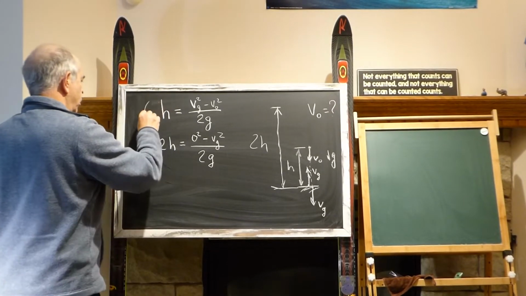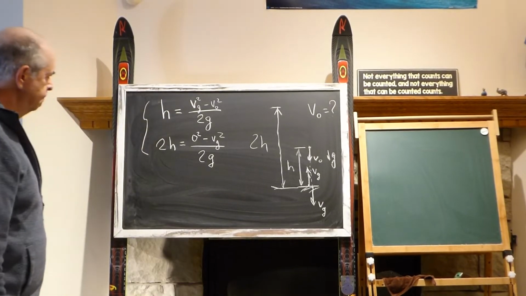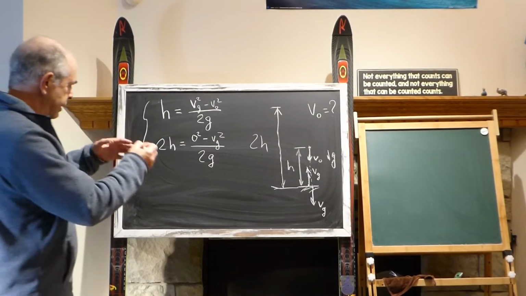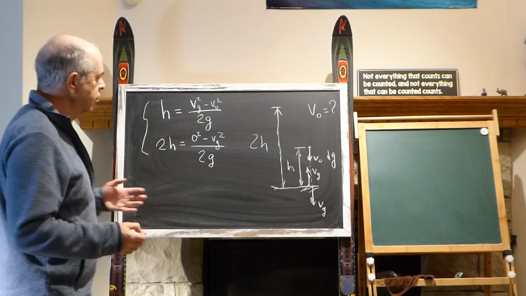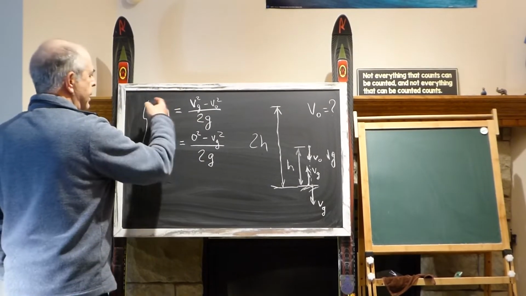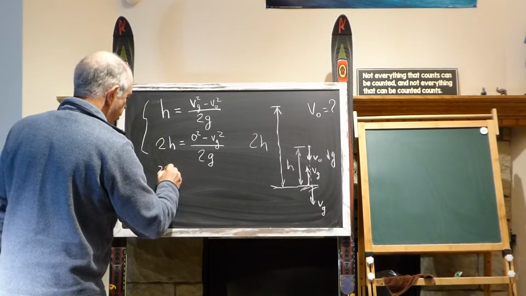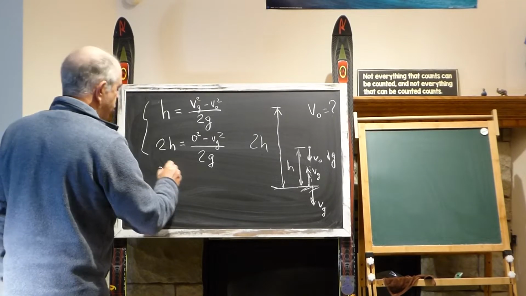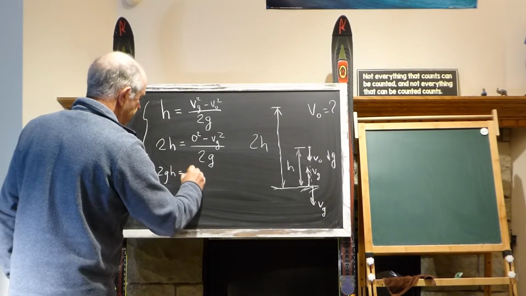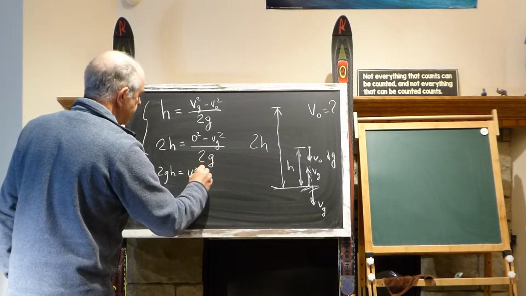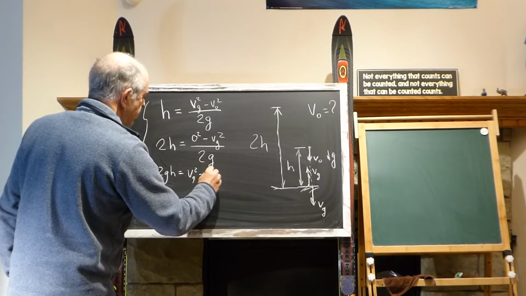And those are two formulas, right? And all that's required is simplification, and let's do it. Let's send it here, so there are no fractions. 2gh equals vg squared minus v0 squared.